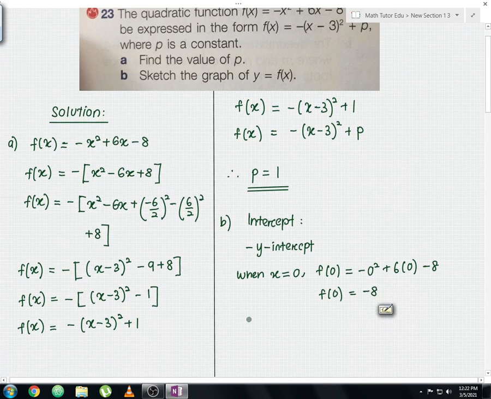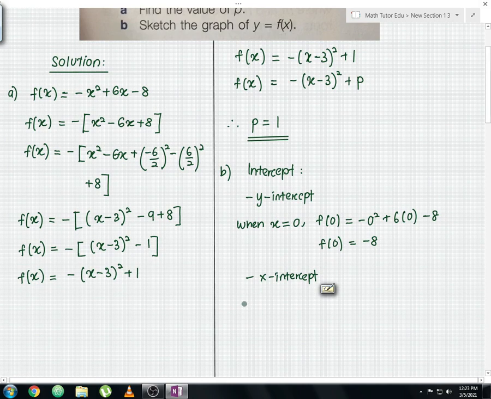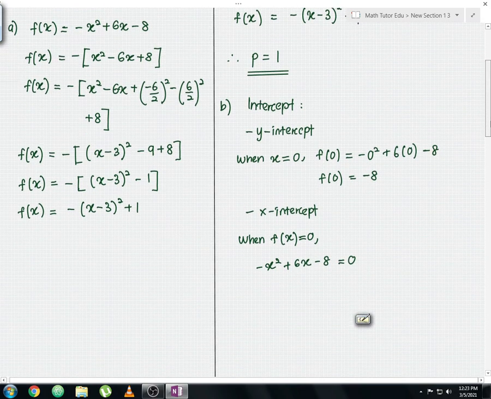Once you get this, you proceed to find the x-intercept. To find your x-intercept, you set f(x) equal to 0, which means your left hand side will be equal to 0. So you get negative x squared plus 6x minus 8 equals 0.